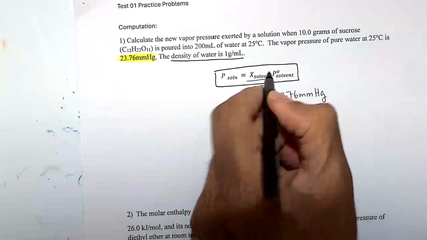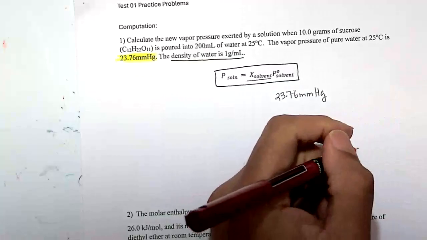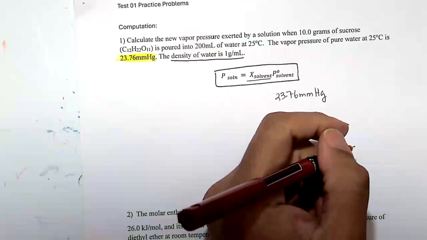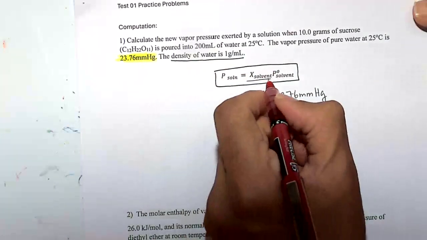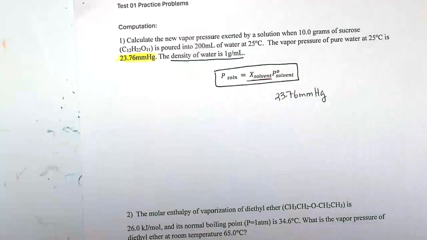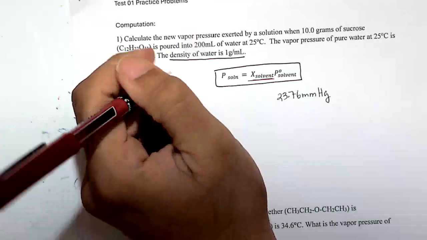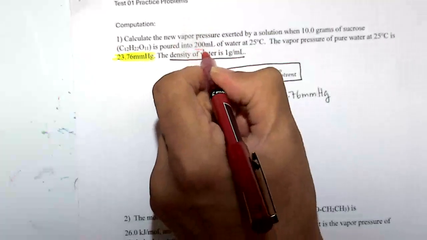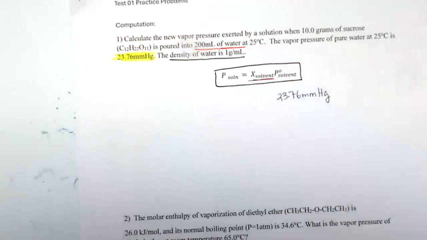Okay, so this X here is what's called the mole fraction, with the solvent at the numerator. So this is a fraction, but in this case, it's the mole fraction of the solvent in the numerator. Which brings me to this question: what is the solvent and what is the solute? Solvent is water. You can 99% guess it will be water. And what will be our solute? This sugar, sucrose. Yes, that's correct.